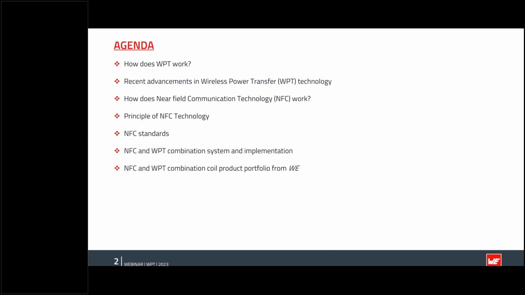Then we move on to the near field communication technology, see how it works, the principle governing NFC, some of the standards, and finally we move on to the system implementation of the NFC and WPT combination system. And last but not the least, there is a small slide showing the product portfolio for these combination coil products offered by Würth Electronic.